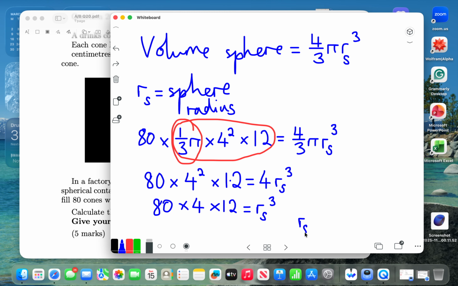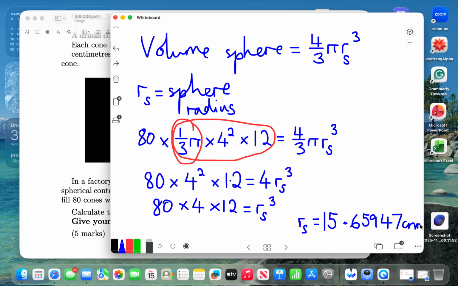Then what we want to do is plug that all into the calculator and take the cube root. So do 80 times 4 times 12 and take the cube root, and we get 15.6594 centimeters.